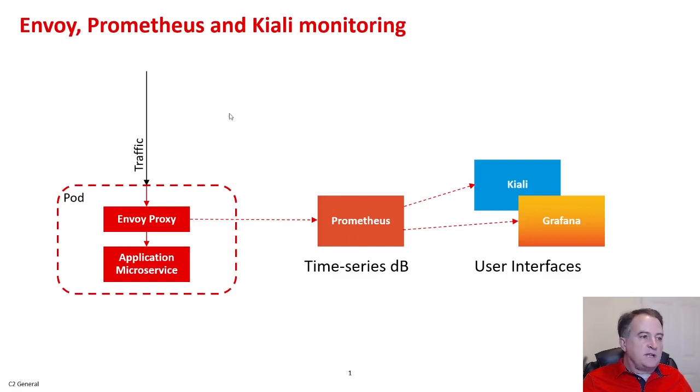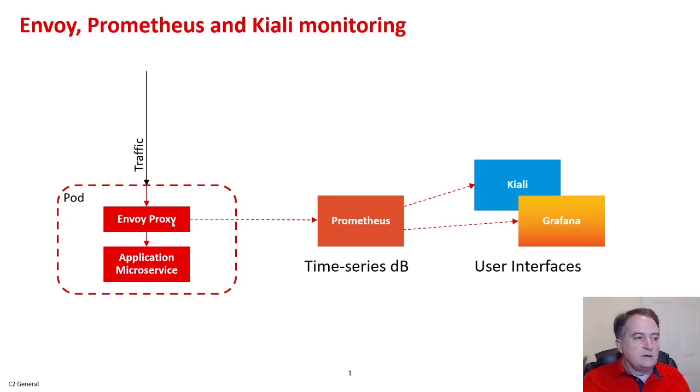And this picture shows that architecture. So basically for each pod that's managing traffic in our component, Istio injects this Envoy proxy. It controls the traffic into and out of the microservices in this pod, and as well as being able to control them, it can also monitor them and create these metrics.